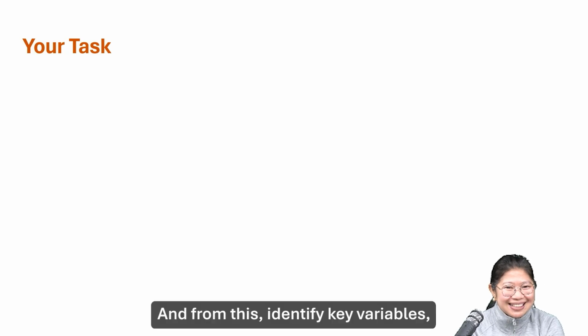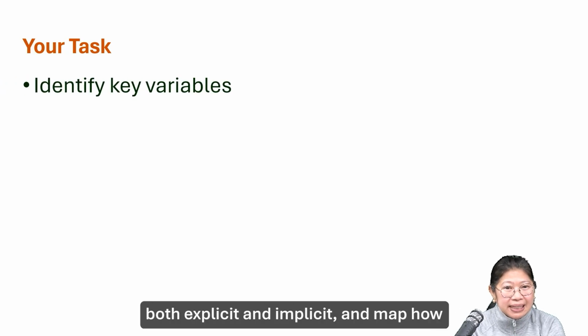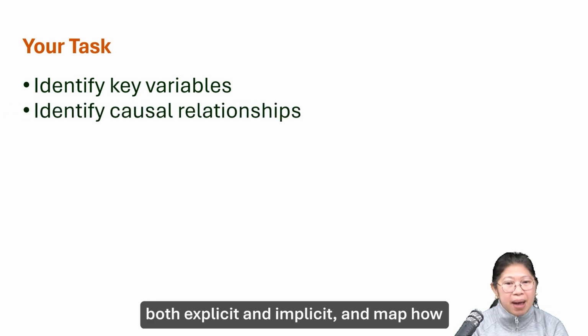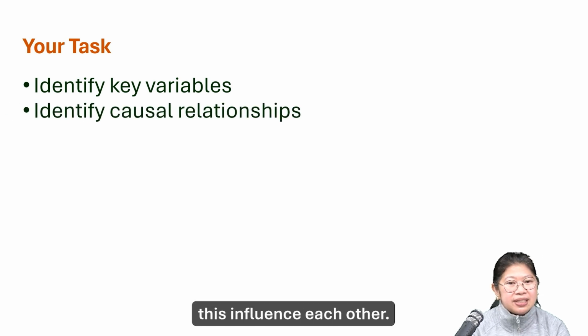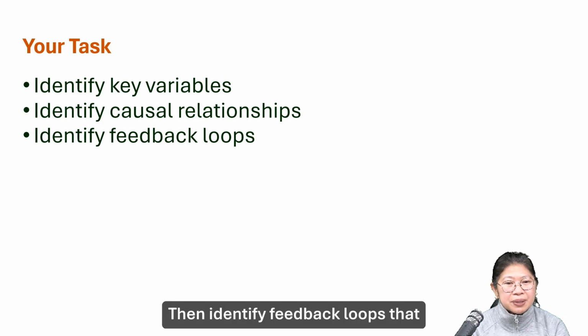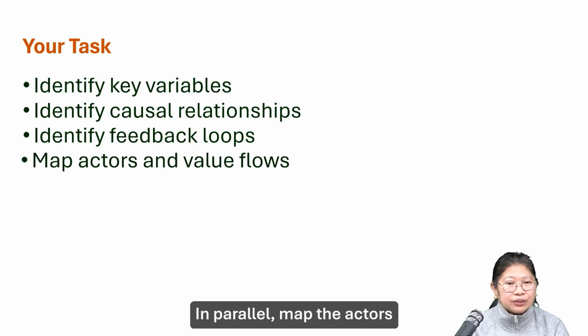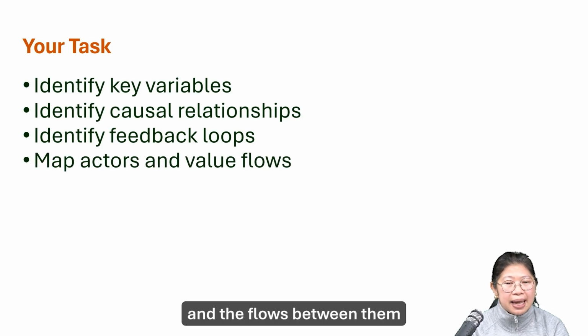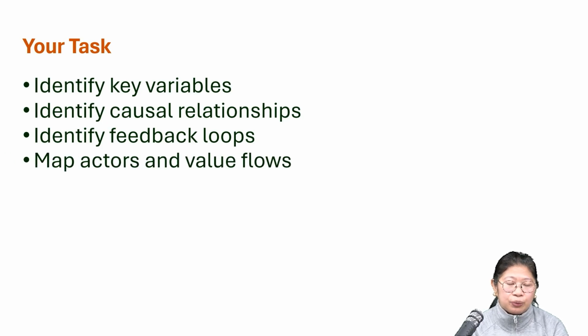And from this, identify key variables, both explicit and implicit, and map how these influence each other. Then identify feedback loops that help explain system behavior. In parallel, map the actors and the flows between them to represent the value network.